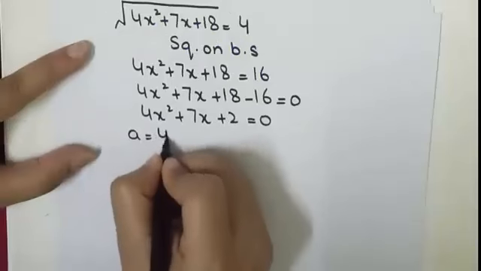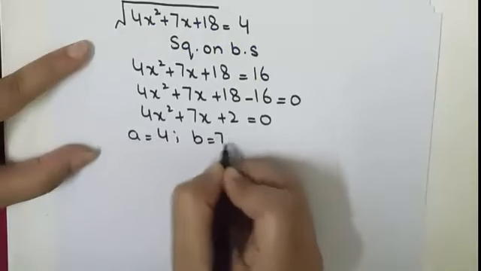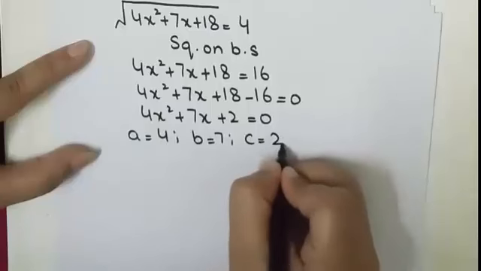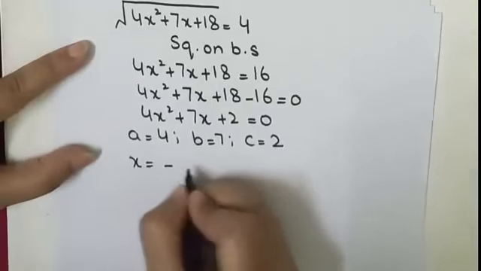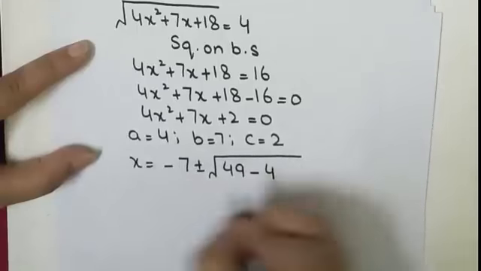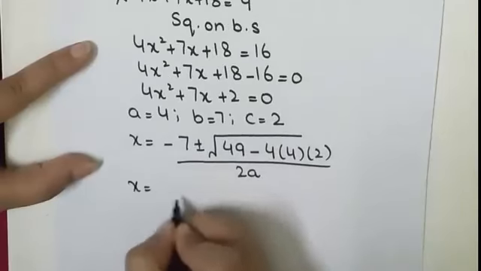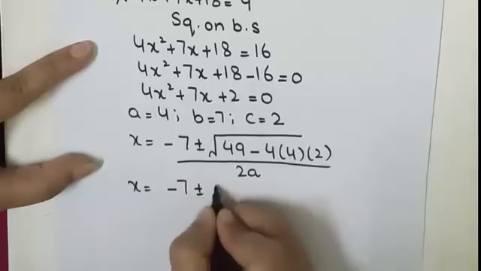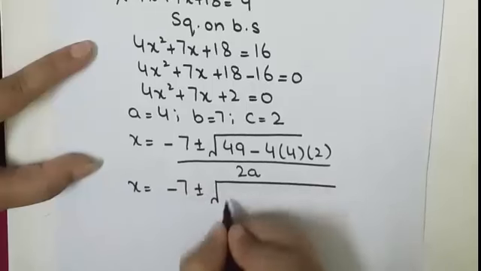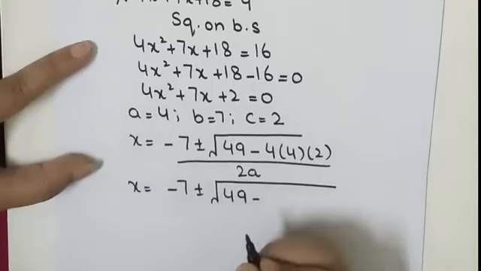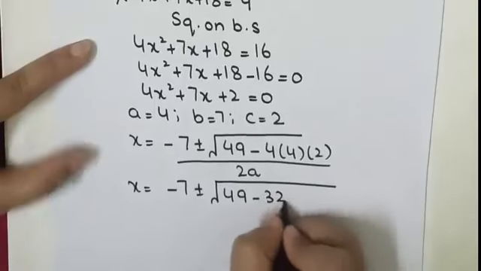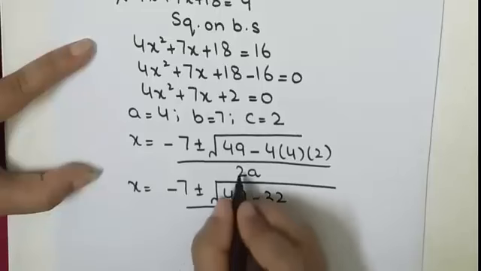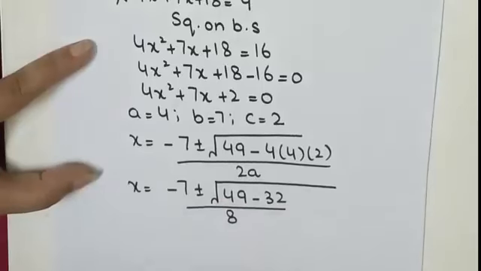And 4x square plus 7x plus 18 minus 16 is 2, equals to 0. A is equals to 4, B is equals to 7, and C is equals to 2. Applying the quadratic formula, x is equals to minus 7 plus minus under root 49 minus 4 times 4 is 16 and 16 times 2 is 32, divided by 2 times 4 is 8.